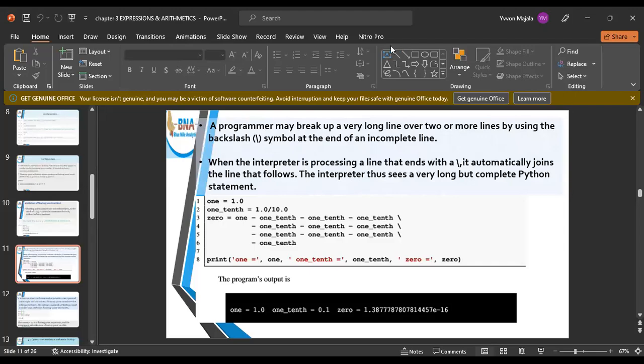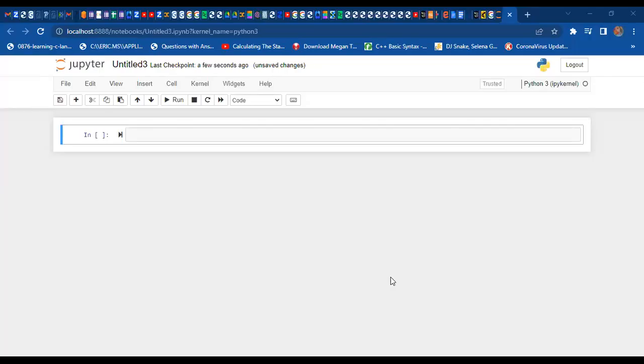So I'll just stop sharing my screen first as I open my Jupyter Notebook. I hope you can see my screen.